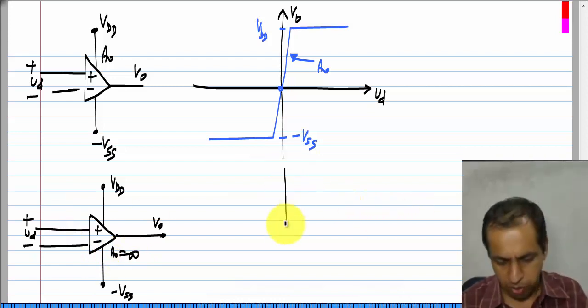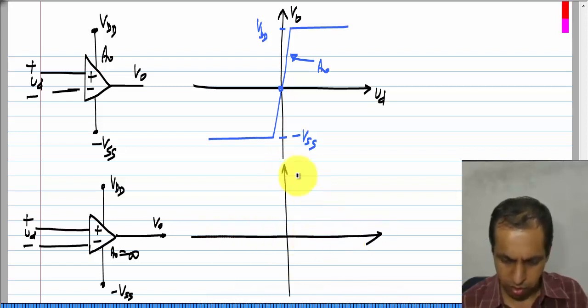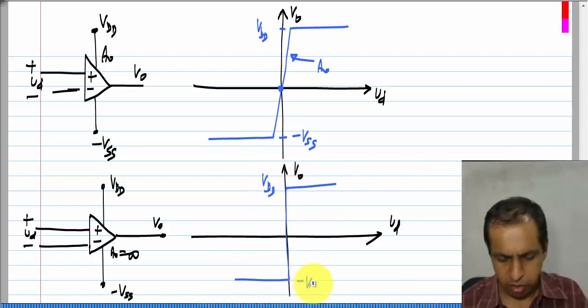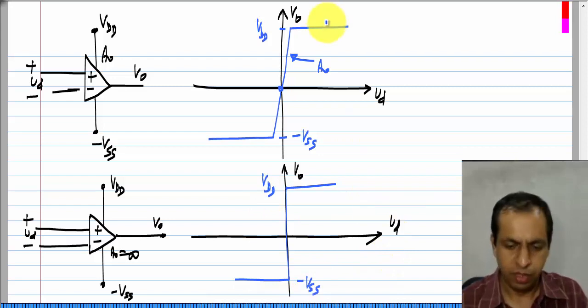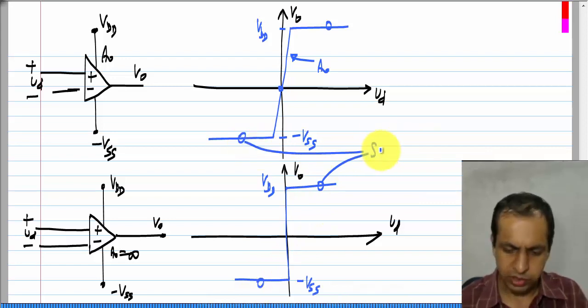In this case, if I plot V naught versus VD, I will get a straight vertical line, but it will saturate at VDD and minus VSS. So, these regions here are known as saturation regions.